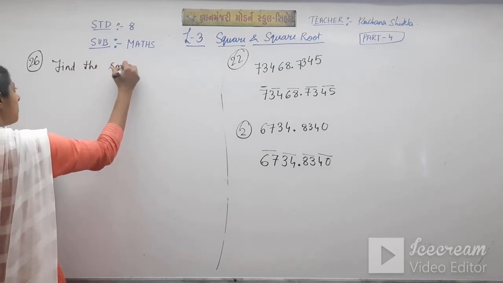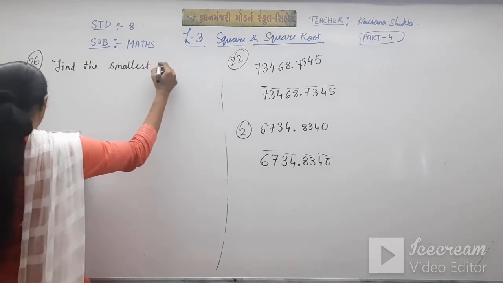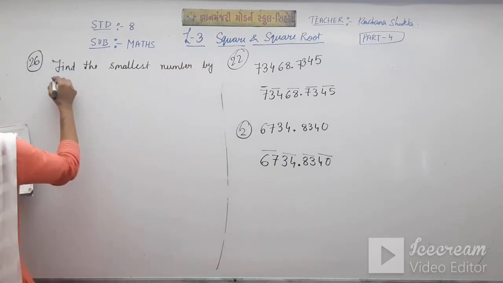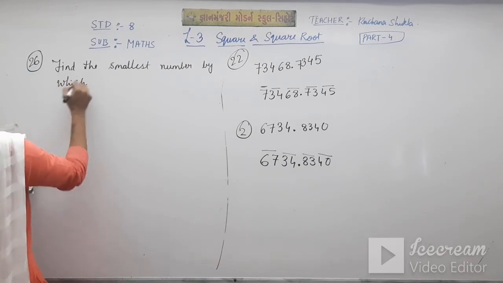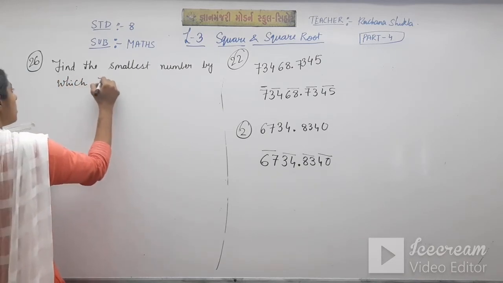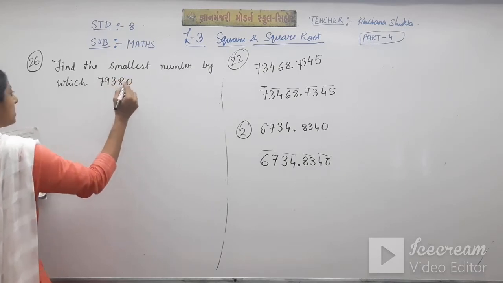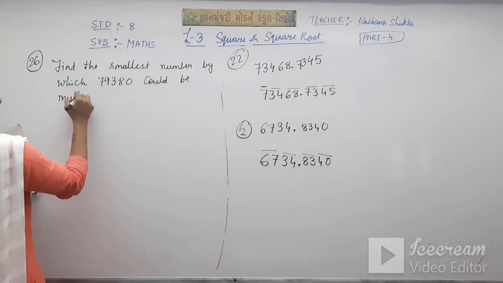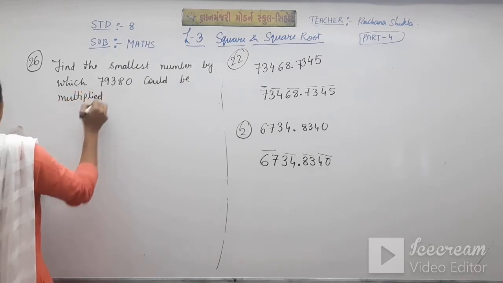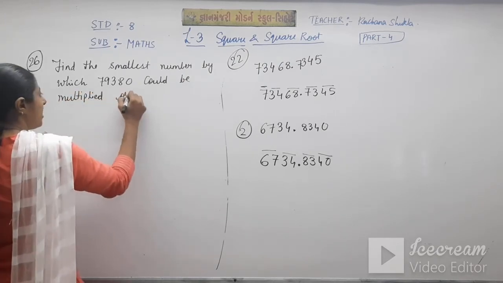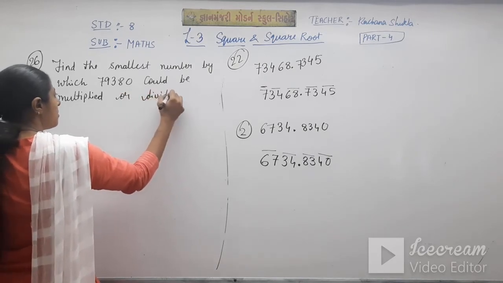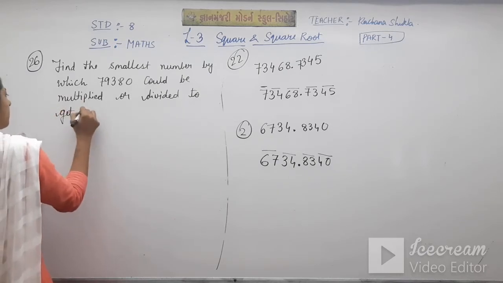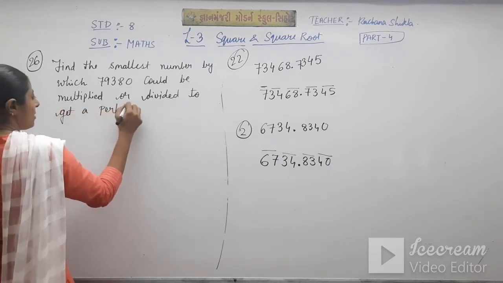Find the smallest number by which 79380 could be multiplied or divided to get a perfect square.